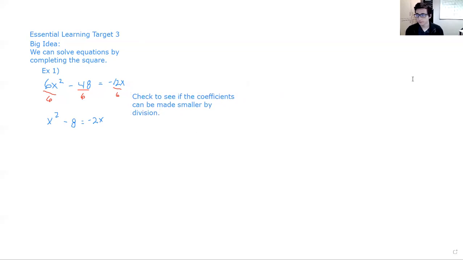Okay, the next thing we want to do is use algebra, and we're going to move all of the x's to one side of the equation. So the way I'm going to describe this is we're going to make sure that the quadratic term and the linear term are together on one side of the equation, and that the quadratic term should be positive. So if you're unfamiliar with that vocabulary, this is the quadratic term and this is the linear term.